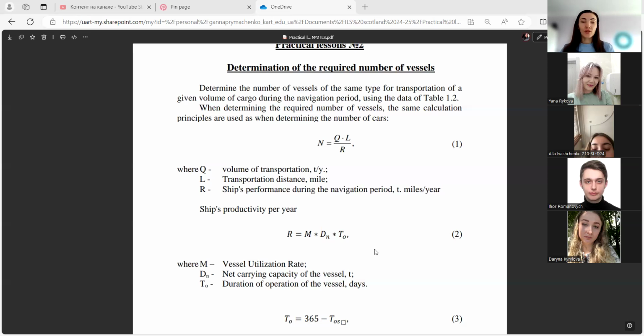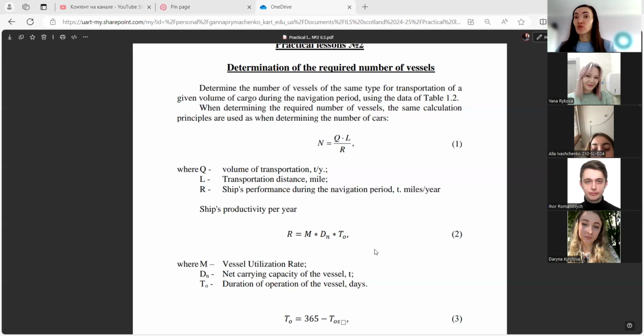The result we need to round up the number of vessels, so we round up in a larger direction. Because if we have the result, for example, 1.3 vessels, we need two vessels, yes? Because one vessel is not enough for us. If we have, for example, 2.1 vessels, we also round up in the larger direction.